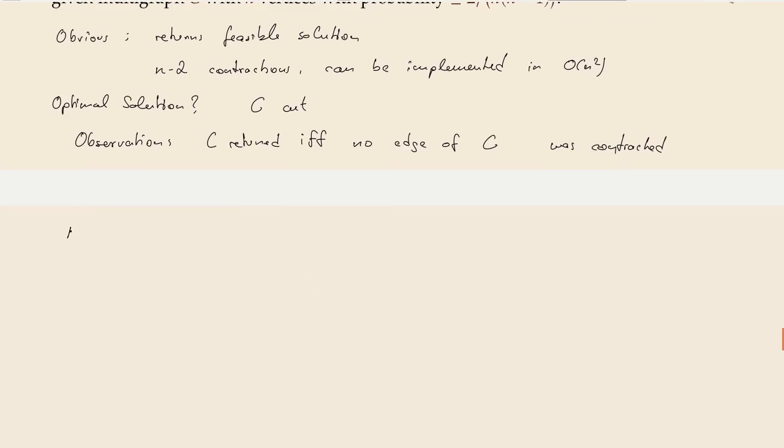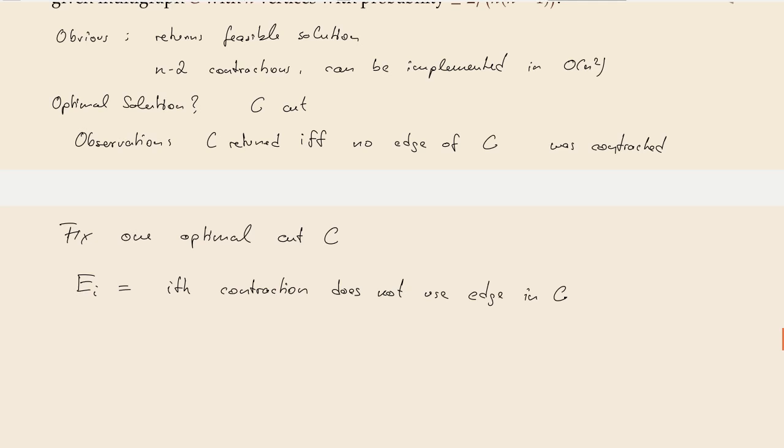So let's fix one minimal cut. And with respect to this one, we define events, where the ith event says that the ith contraction does not use an edge from C. So these are kind of the good states.